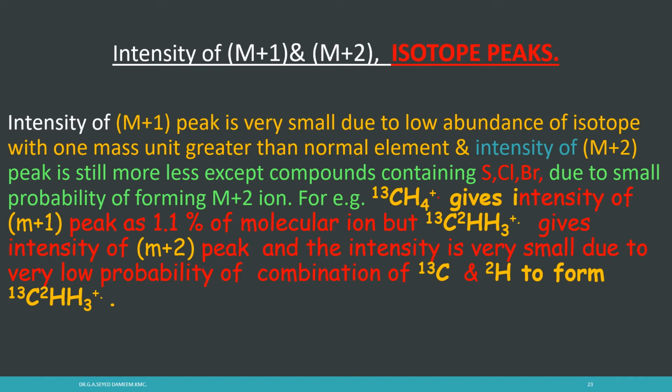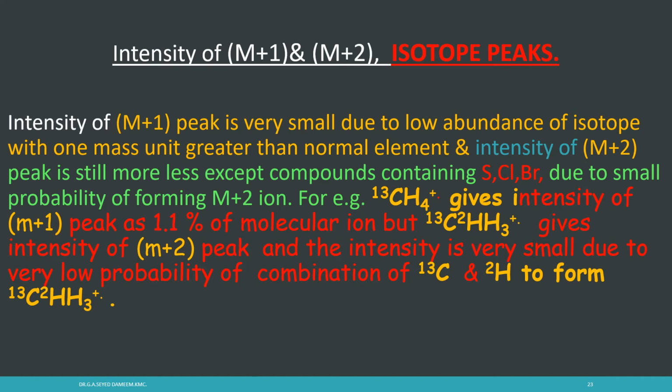That is, the intensity of the M plus 2 peak is much less than the intensity of the M plus 1 peak, because the probability of forming an M plus 2 ion is very small. That can be explained by taking methane as an example.